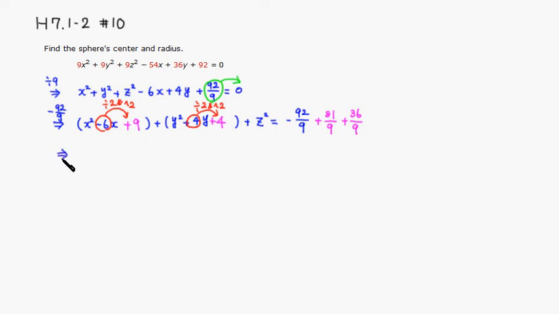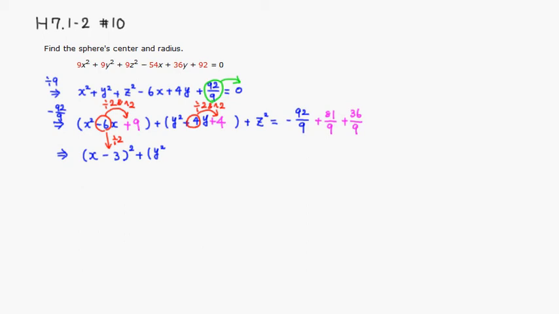So this is going to be x, and this is always 1/2 of this number. Maybe I'll just write that. 1/2 of -6 would be -3. So x minus 3 squared plus y squared.